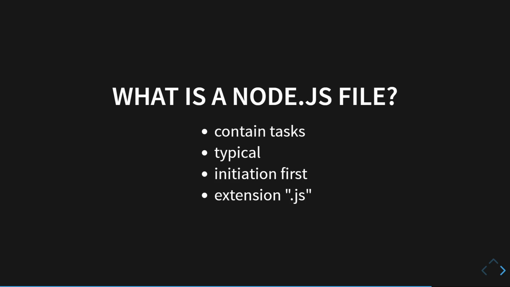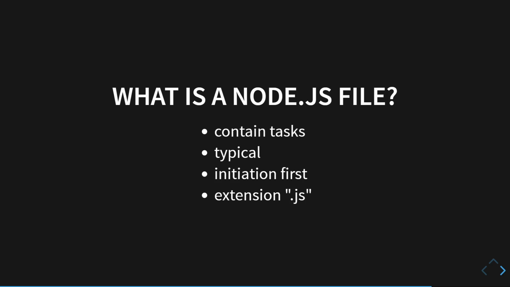A typical event is someone trying to access a port on the server. Node.js files must be initialized on the server before having any effect. Node.js files have the extension JS, of course. This is a simple description of a Node.js file.